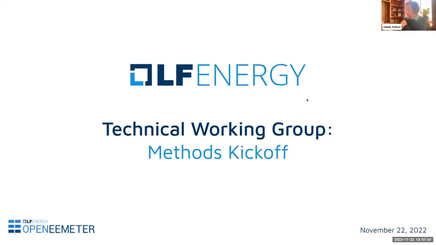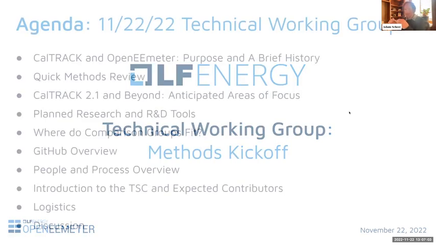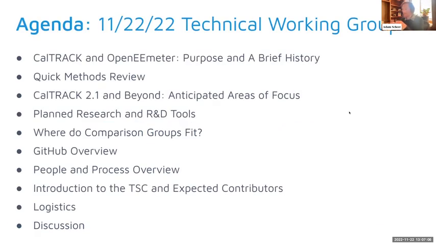And I just wanted to start off and provide the agenda, because this isn't maybe exactly what you'd expect, but I want to make sure folks know what's coming here today. So we're going to start off with a brief history of CalTrack and the OpenEEmeter. We'll then give a very quick methods review of the current methods, and I'm going to be very brief, so I will offend those of you who know the details here probably. Then I'm going to get into the meat of what we want to talk about today, which is CalTrack 2.1 and beyond.